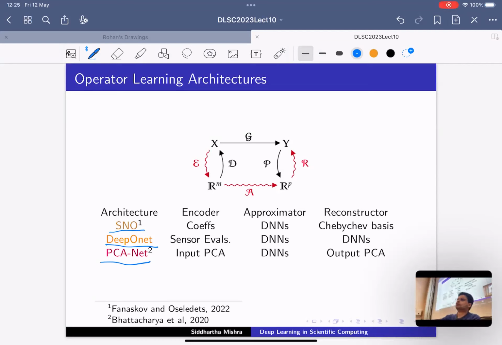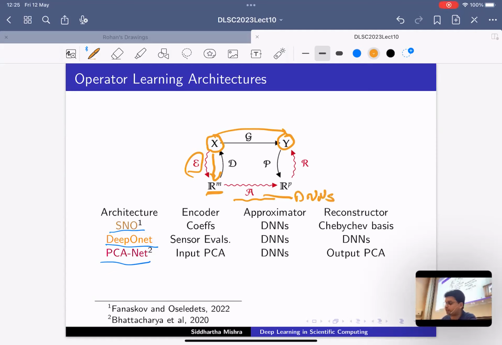And the construction is exactly the same. The underlying operator is a mapping that goes between two Banach spaces. Since on a computer we can only deal with discrete objects, finite representations, what you do is first do a projection or an encoding, as it is called, to finite dimensions, then do all kinds of processing in finite dimensions. For instance, this is typically DNNs here, right?